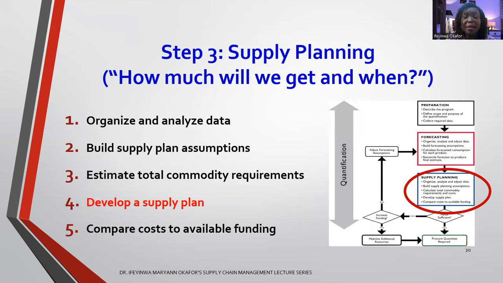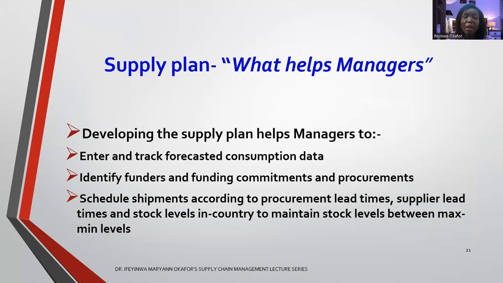Now we have estimated the total cost of the commodity that is required. We have estimated the total commodity requirements. The next thing that we need to do is to develop a supply plan. Developing a good supply plan helps program managers to enter and track forecasted consumption data.